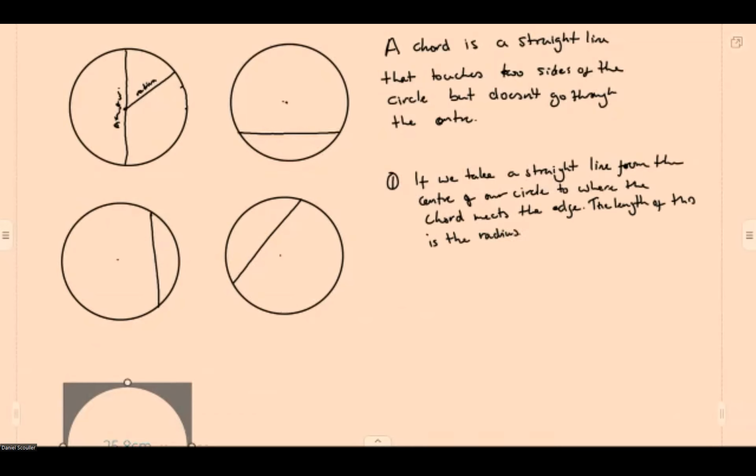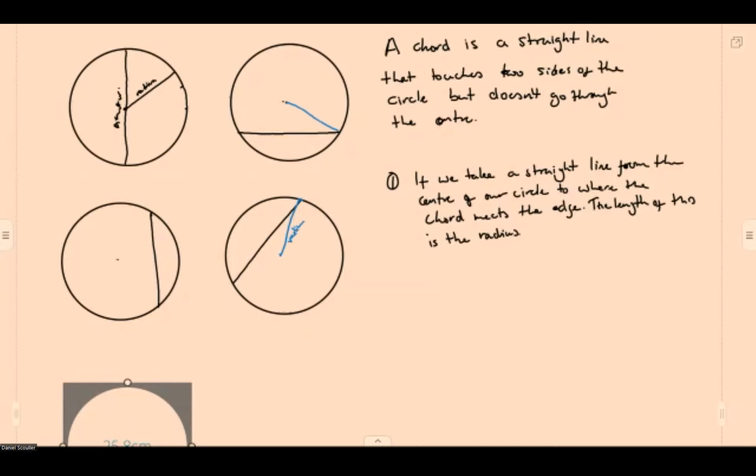Now that's important, we use that quite a lot. So what I mean is we draw a straight line from the centre to where the chord meets the edge, then that line's length is the radius of the circle.